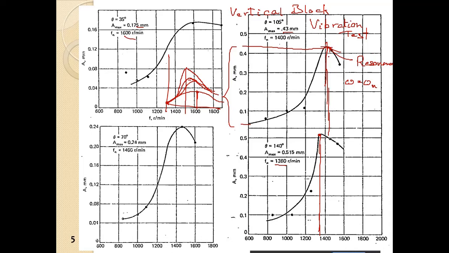Then here it becomes approximately 1400, and here it is more than 1400. So first, second, third, and fourth in this way. So this is the vertical block vibration test data given.